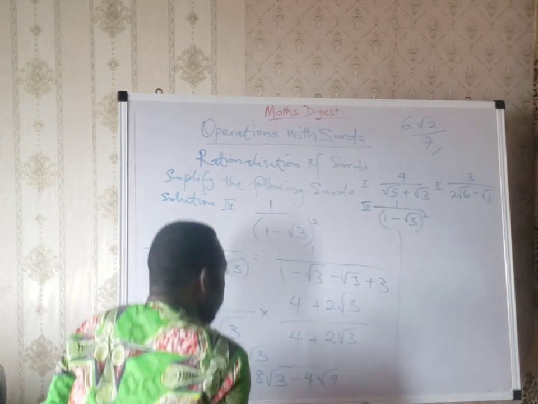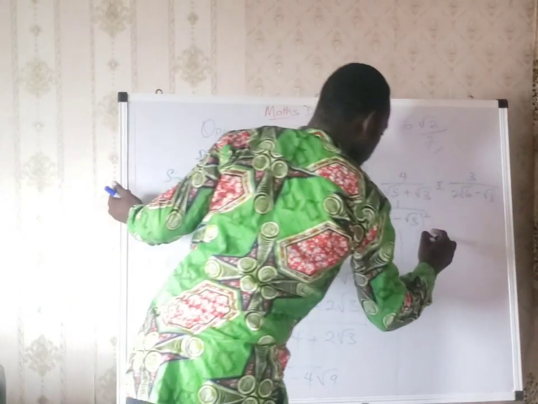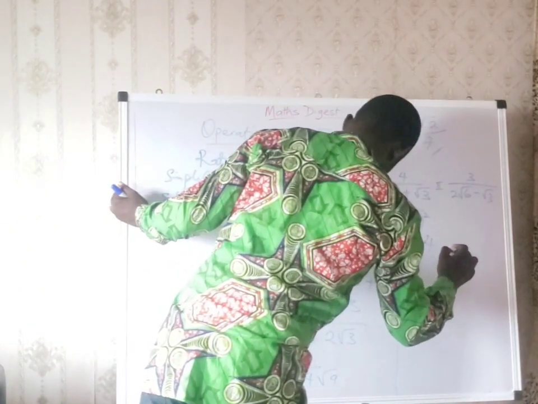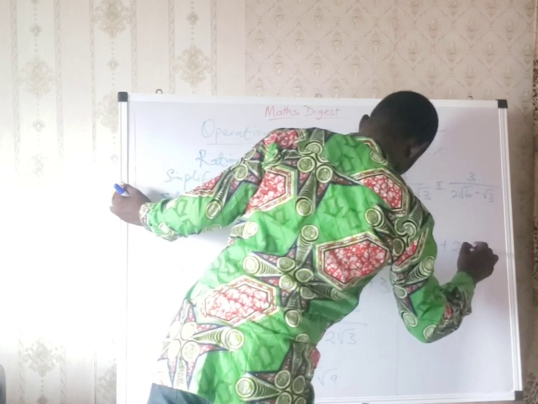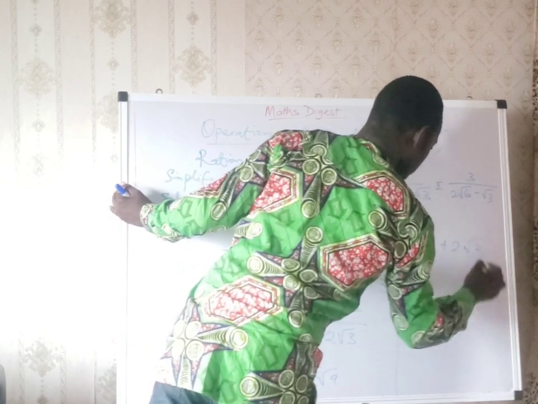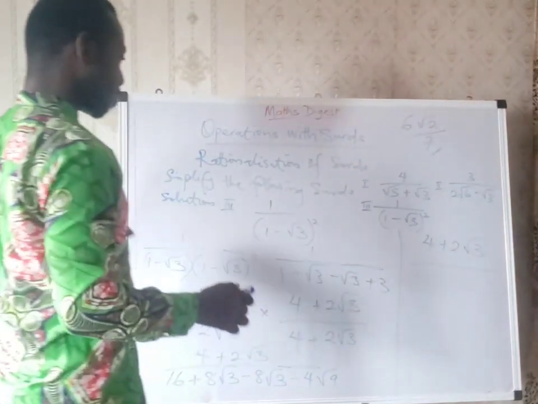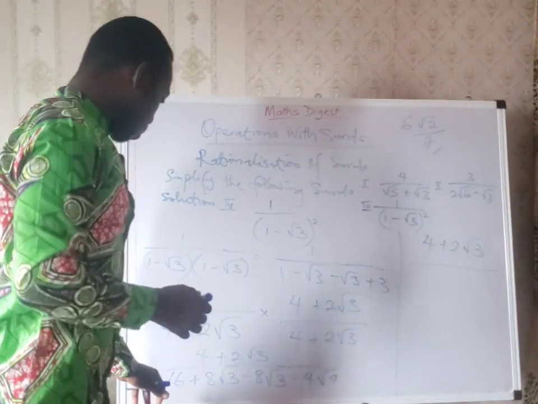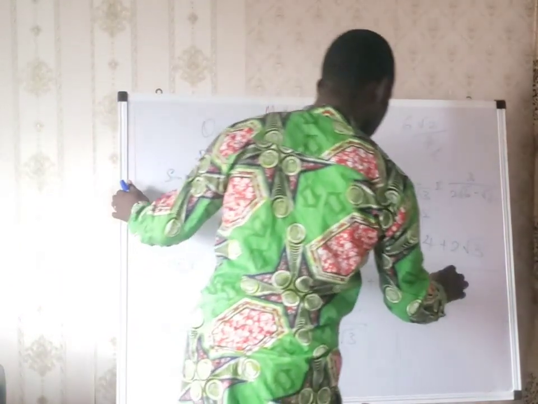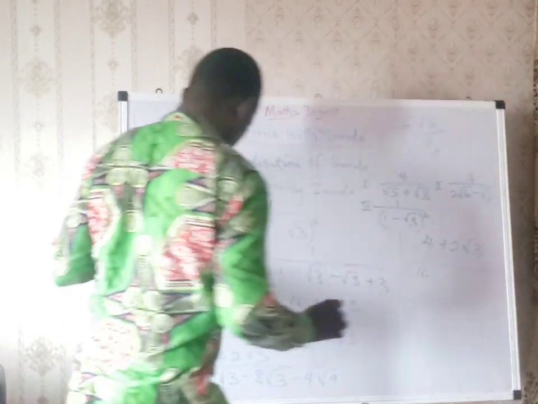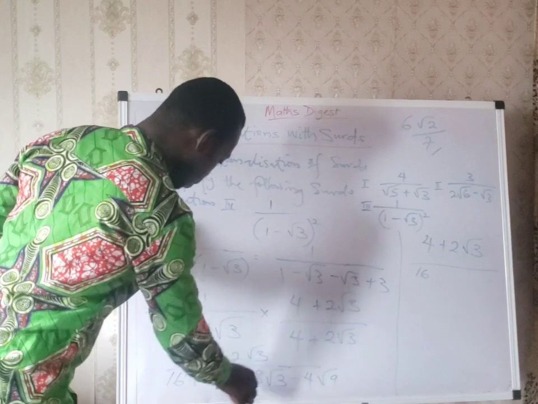Okay, so from here now we move to the other side. We have 4 plus 2 root 3 all over this is 16. Okay, we have 16 here, and we're looking at this, we cancel each other.